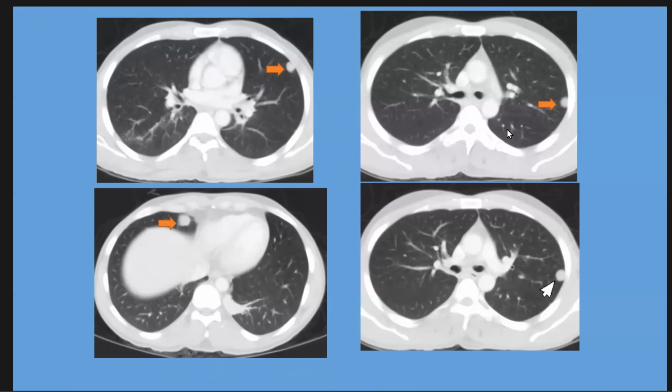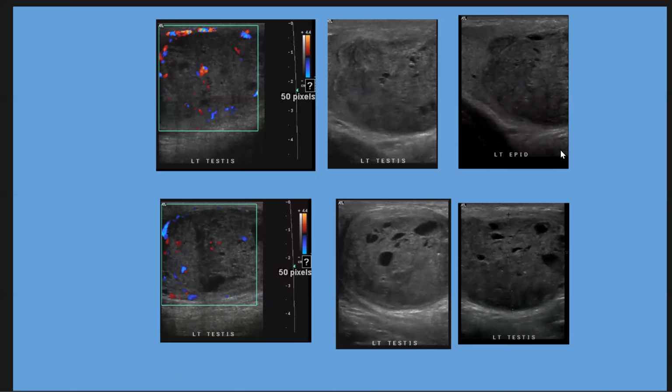This patient also has metastases to the lungs with multiple nodules, as we see. Another patient, 31 years old, with a left testicular mass, heterogeneous with anechoic areas and increased vascularity, and it is a mixed germ tumor, predominantly yolk sac type.